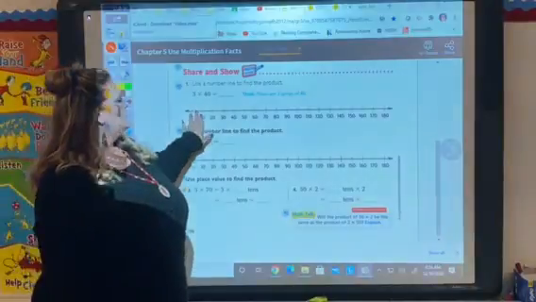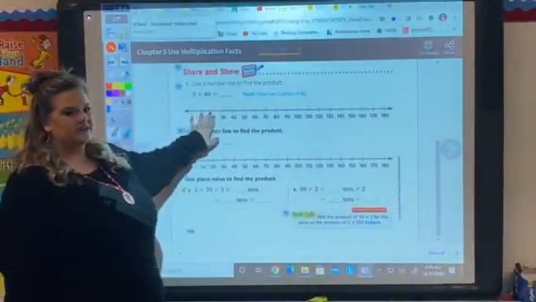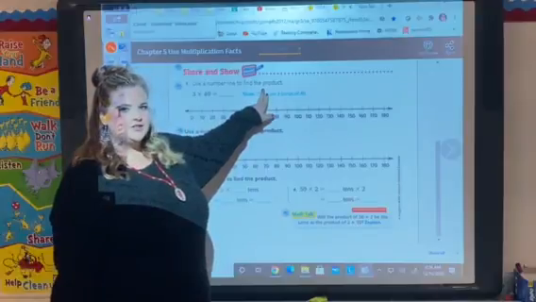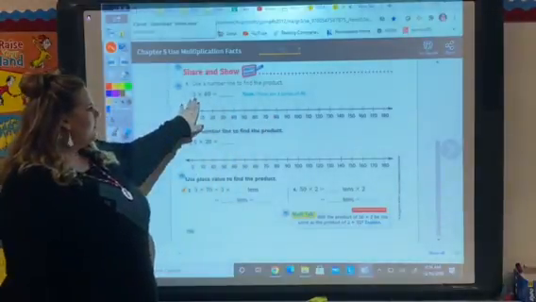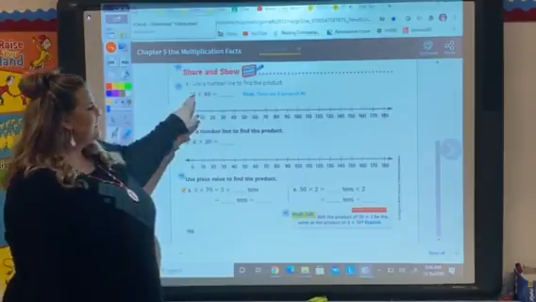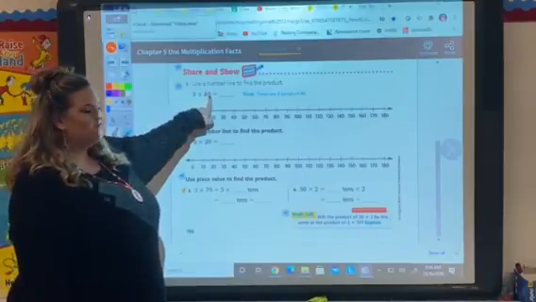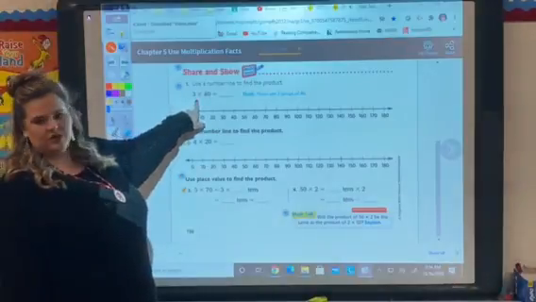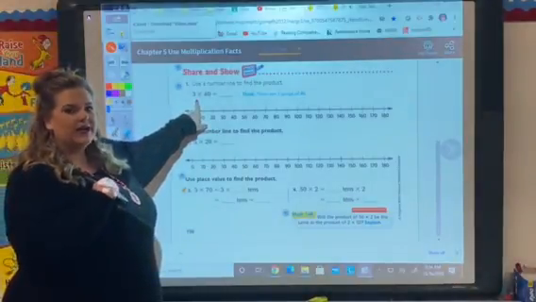Okay, so right here it says use a number line to find the product. Now remember, product means we're looking for the answer in a multiplication problem, okay? Our problem says, just in case you can't see it, 3 times 40, okay? So remember, when we look at a multiplication problem, we first have to know what we're going to have to do.